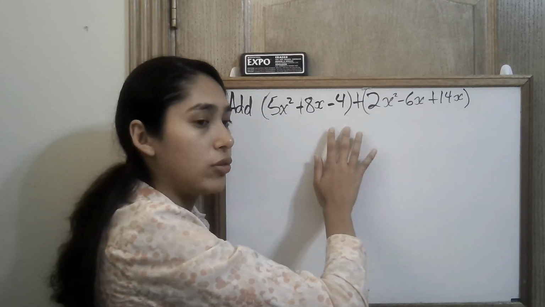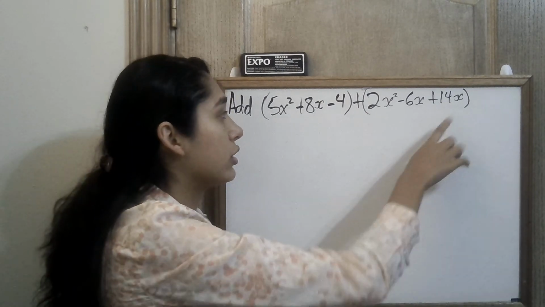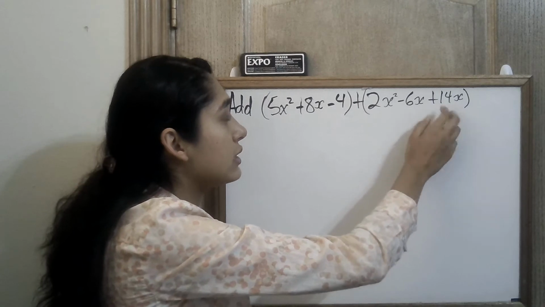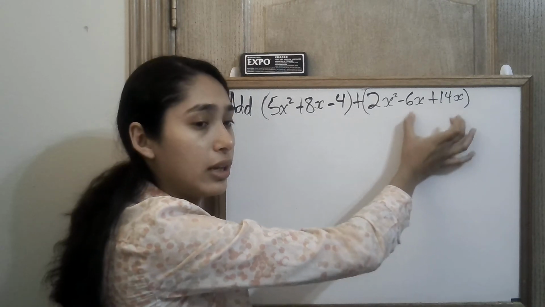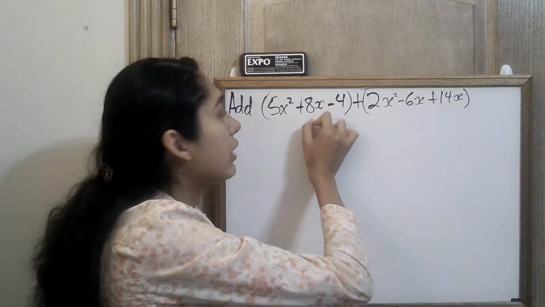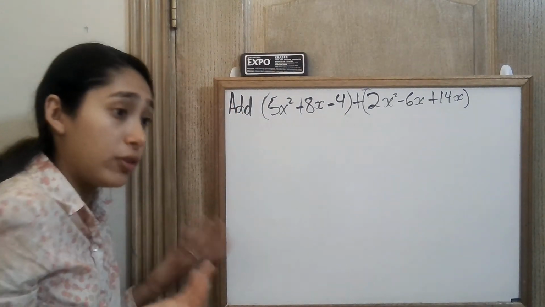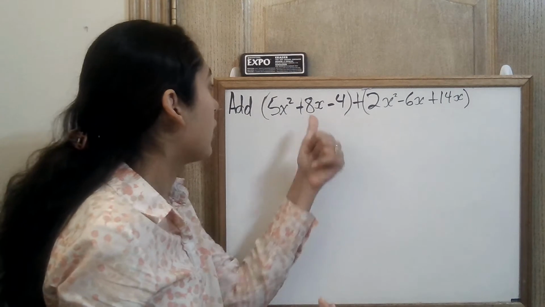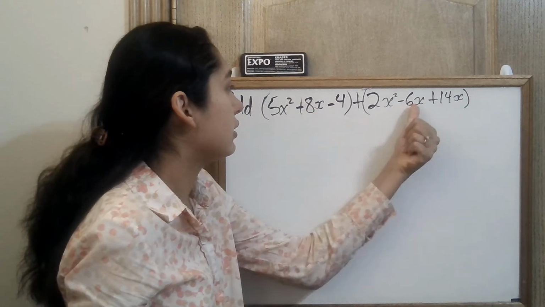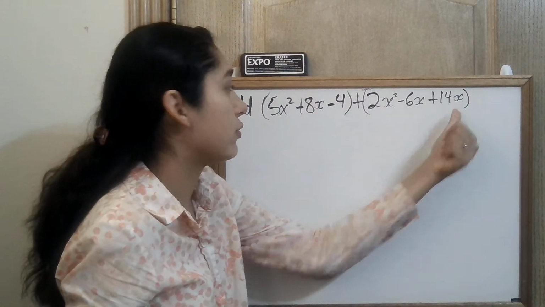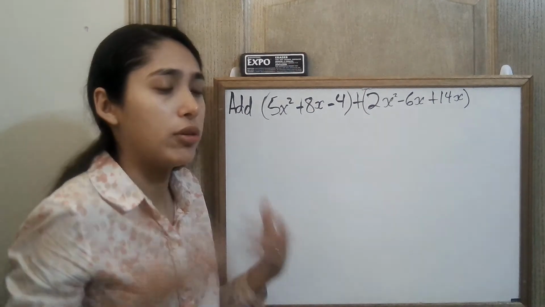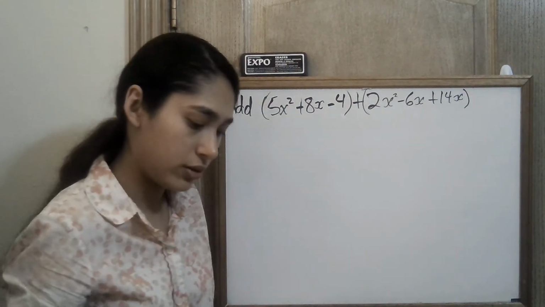This is just going to be the loner, which is going to drop down into our addition. This 14x is actually going to be combining with the one in here, and it'll later combine with this. Or if you feel comfortable with it, you could just combine all three of them, 8x, negative 6x, and positive 14x together in one go, if that's what you're comfortable with.